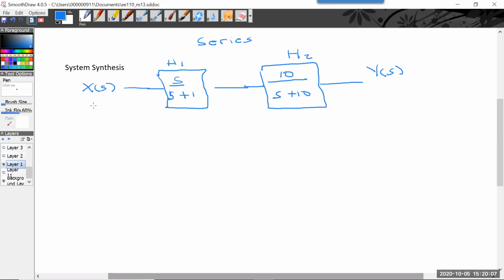So in this example, it's actually a series configuration, and we have two mini transfer functions that we're going to make a larger transfer function for.